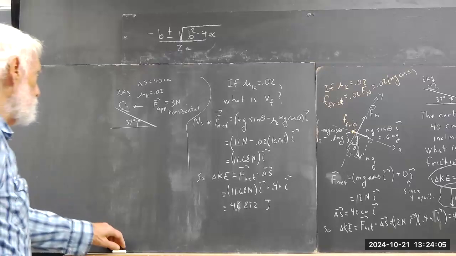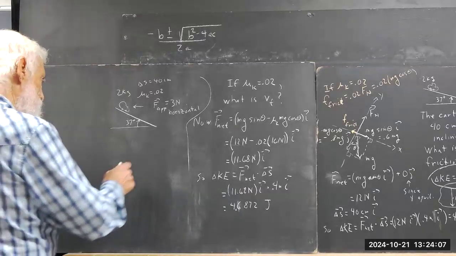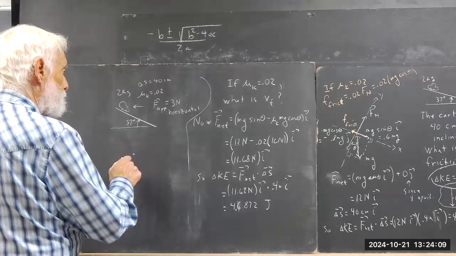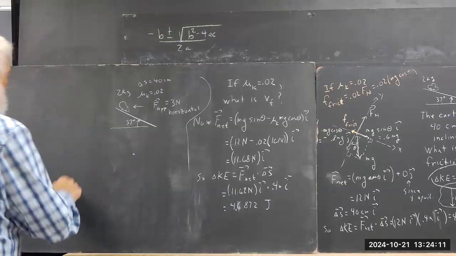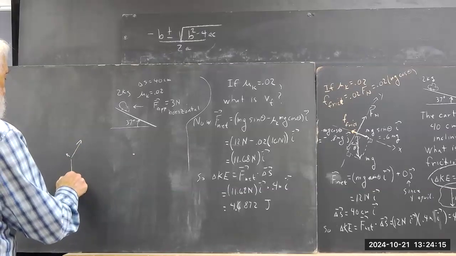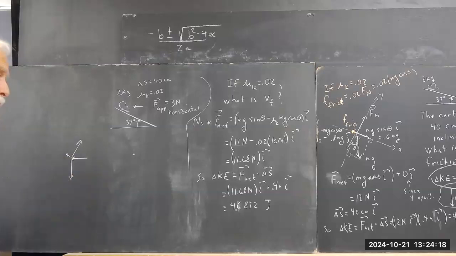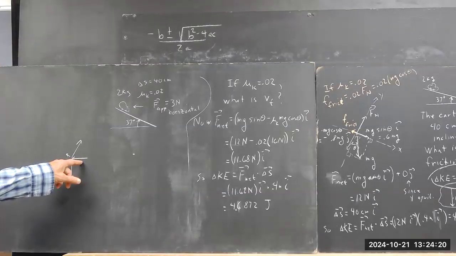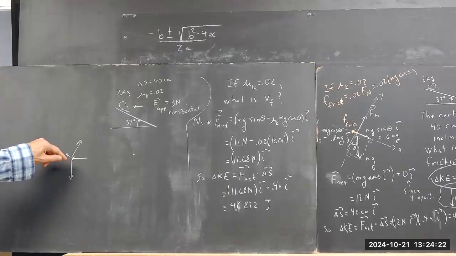Okay, everybody's pretty much got a good free body diagram, but I've seen diagrams that look like this. Okay. You want all the forces to act on this point, okay?